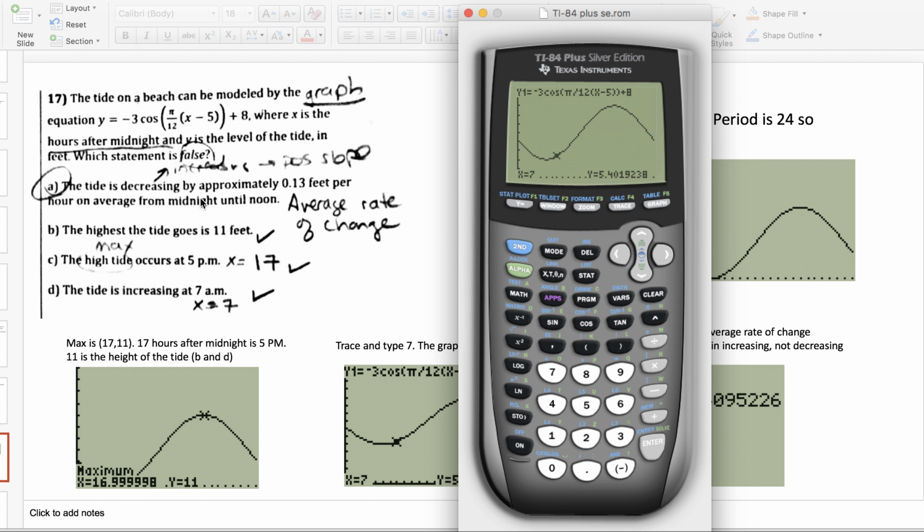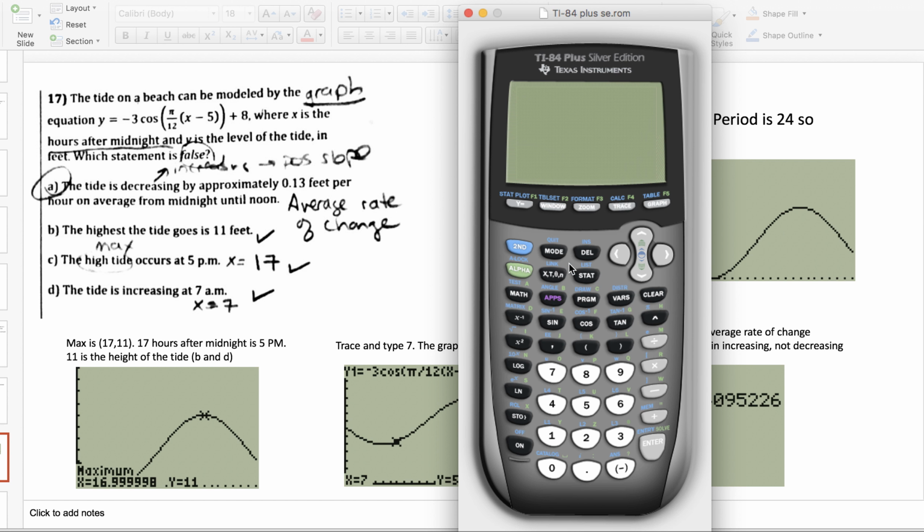the tide is decreasing by approximately 0.13 feet per hour on average from midnight until noon. Okay, so they want me to calculate the average rate of change. So all I need to do is plug in 12, which is noon, into the y value, and then 0, and then type that in.